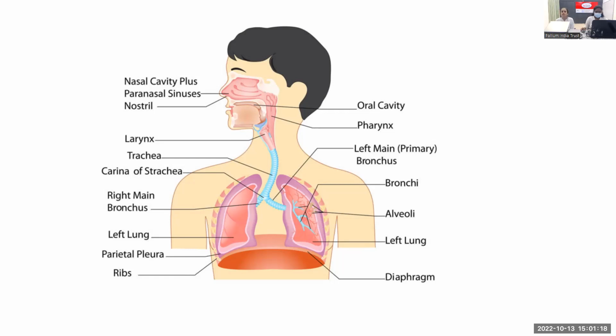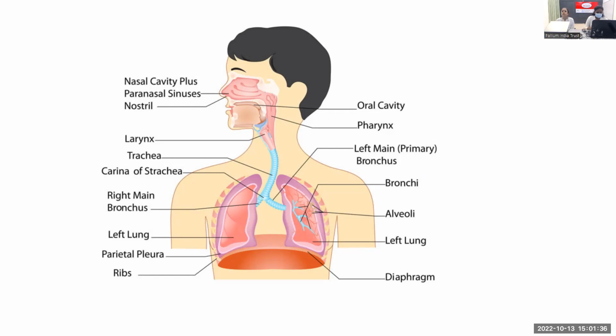So you know that there is a parietal pleura which surrounds the lung on both sides. This is just for you to understand when there is a pathology, how it is going to cause breathlessness, because we'll be discussing the reasons for breathlessness in the coming slide. So I hope that is a quick revision for all of you.